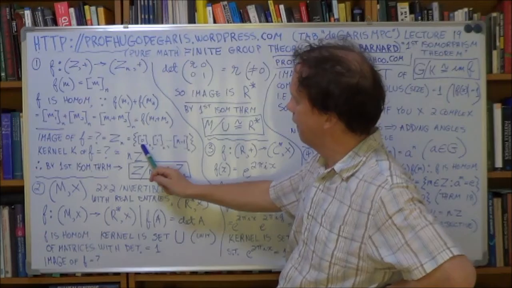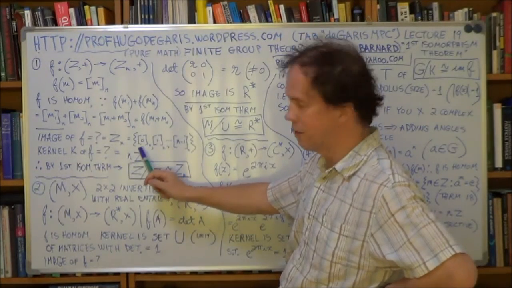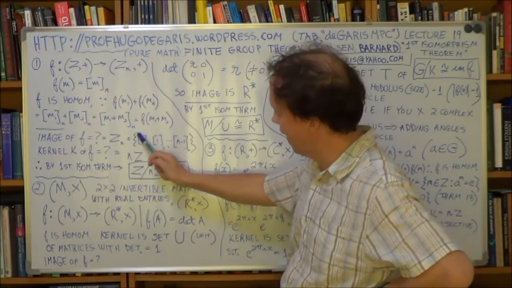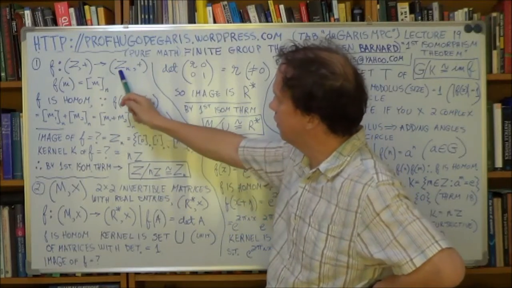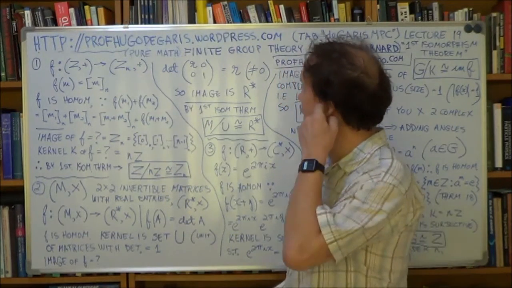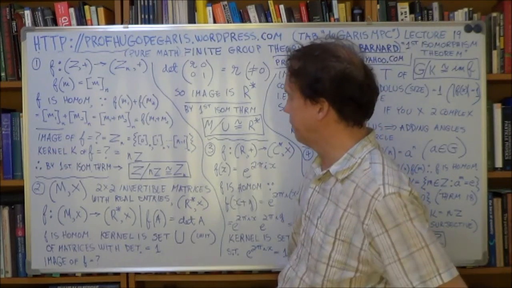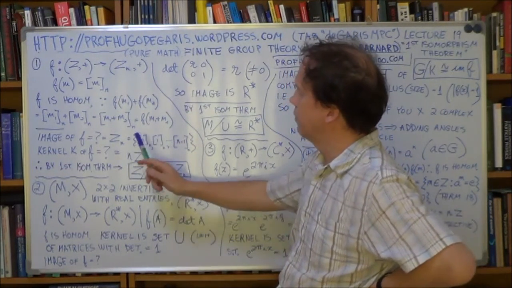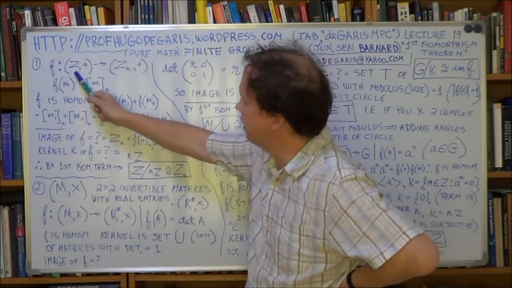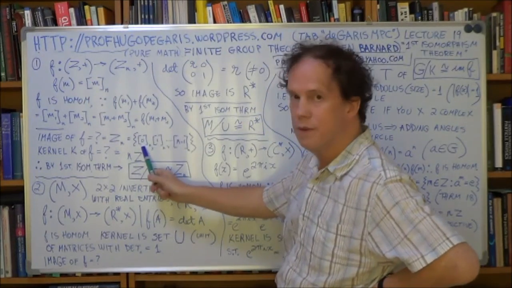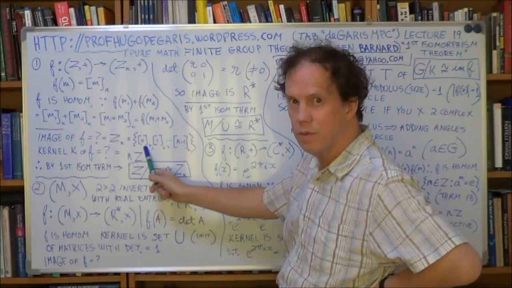It's the residue class 0 mod n. That is the unit of this group. Now, what elements in G map to this unit?